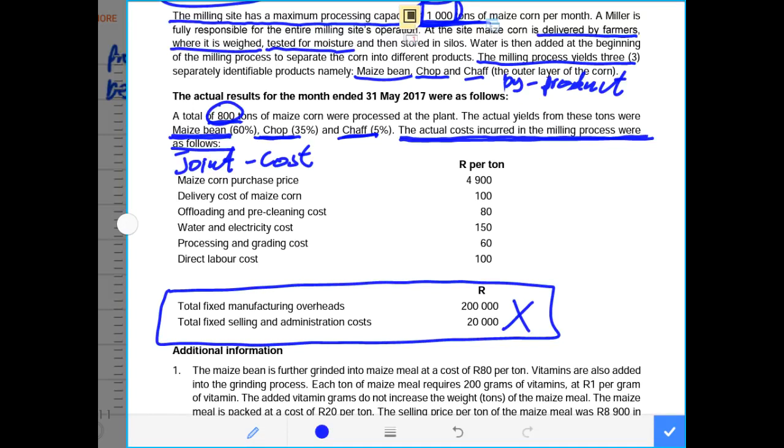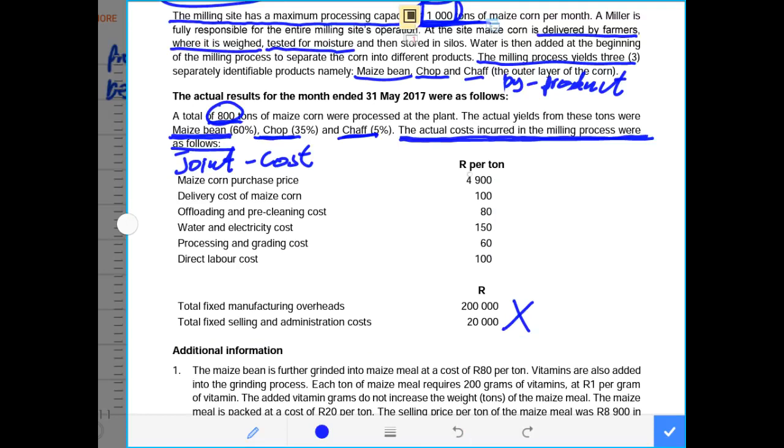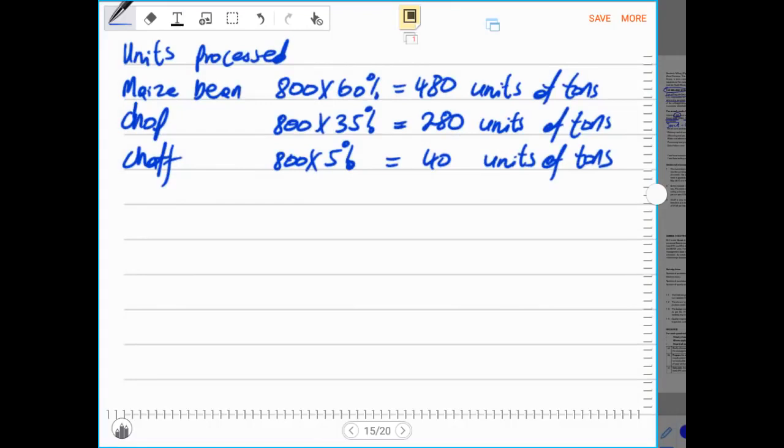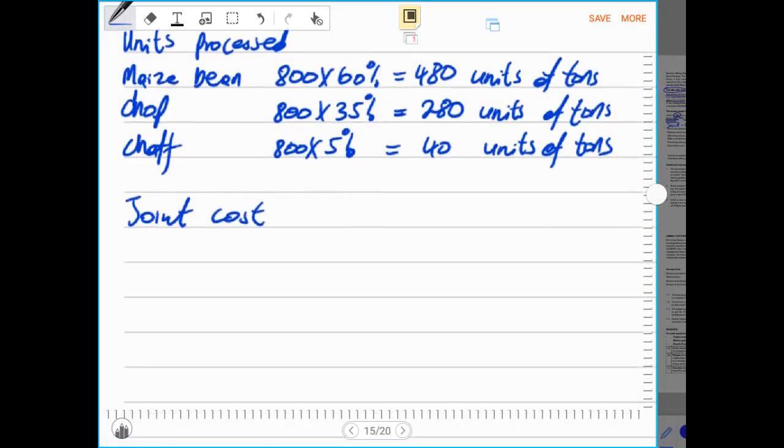So now we need to calculate our joint cost in total, which is 4,900, 180 rand, 150, 60, and 100 rand. And very importantly, all these costs are in rand per ton. So now we don't have to do any conversion. So we need to calculate the joint cost, meaning the cost that were incurred jointly to manufacture or to process the three products.